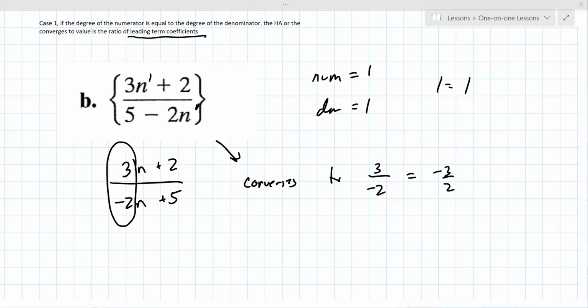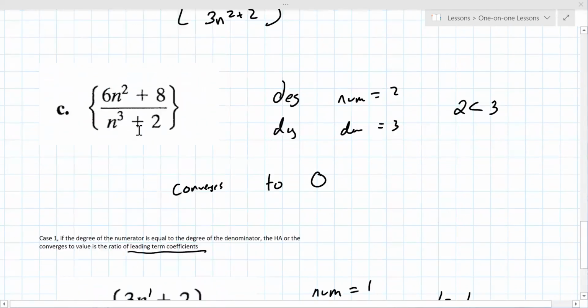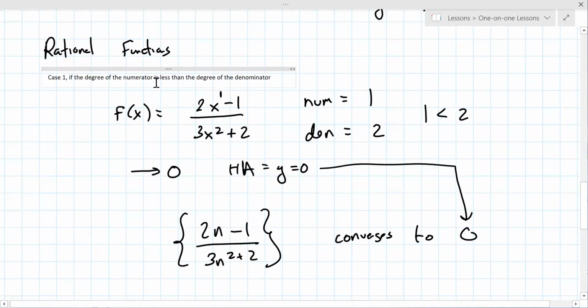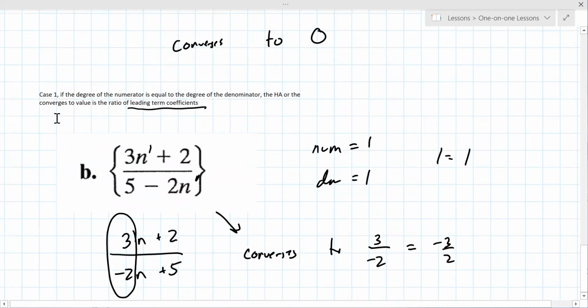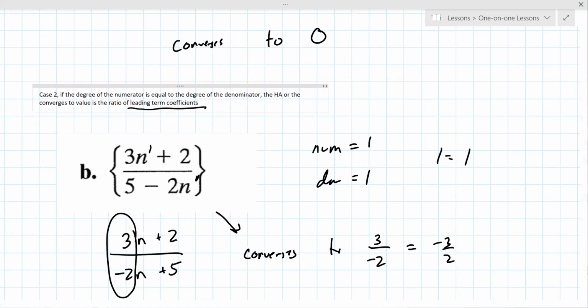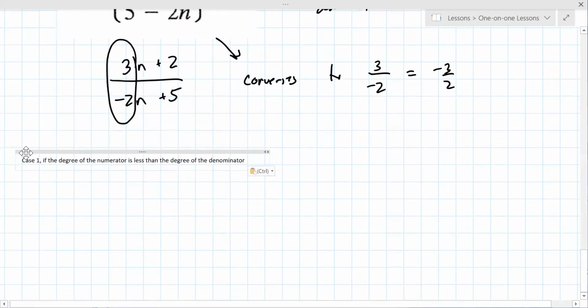And then there's case 3. You learn about these in calculus, but in a different way. It's if the degree of the numerator is greater than the degree of the denominator.